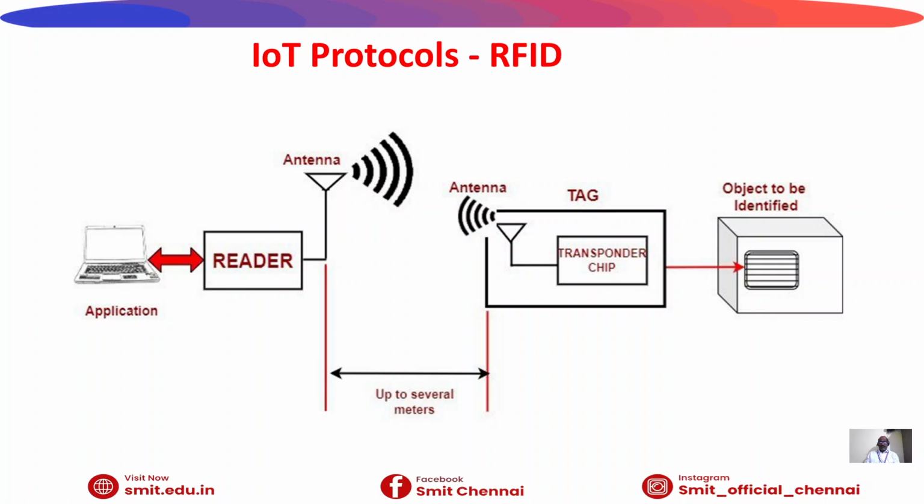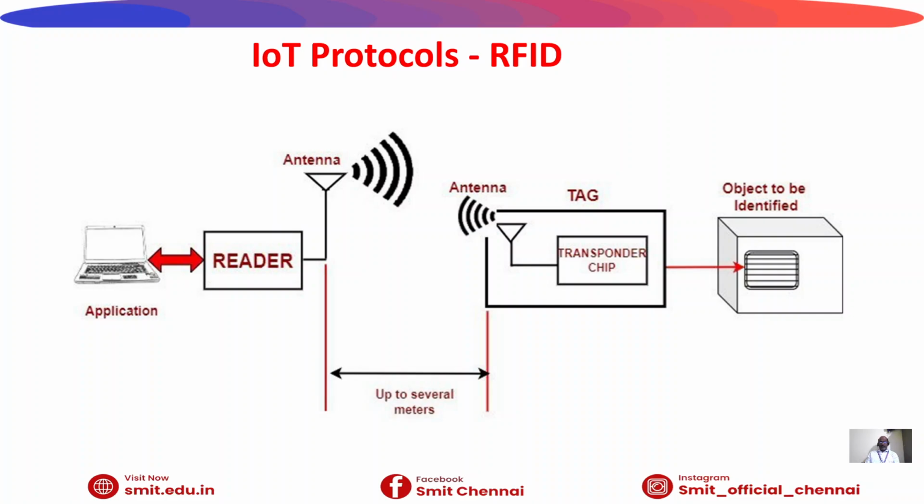Again, the same thing is shown: on the right-hand side is the object to be identified, which has an RFID tag, and the tag has a chip in which the data is stored. The tag also has an antenna, and on the left-hand side the reader also has an antenna.